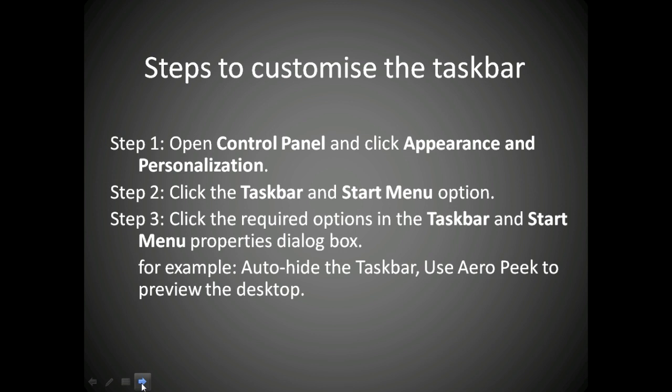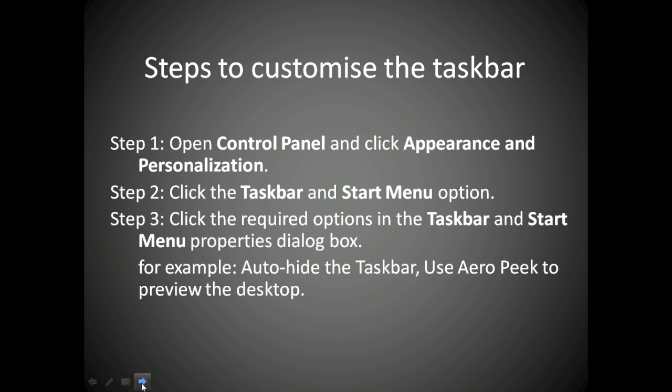Let's see what you can do. A few examples which are very interesting are listed here, like auto hide the taskbar. When you tick auto hide the taskbar, you'll find that the taskbar is not visible, and when you bring the mouse pointer over there, the taskbar appears again, and when you move away from that, it hides again. That means automatic hiding of the taskbar.